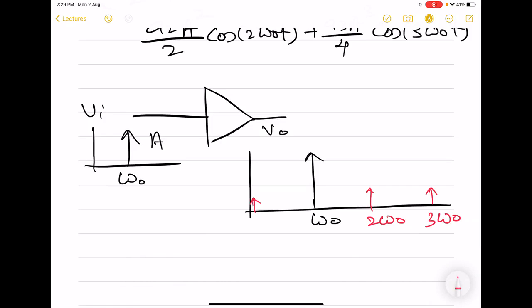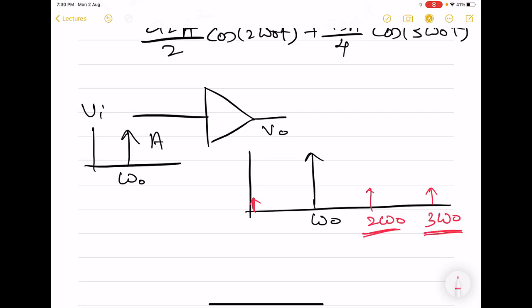And this DC component is not a very serious component, because it will simply give rise to a shift in the output along the y-axis, either in the positive direction or the negative direction, depending upon its sign. But these harmonics will combine with the fundamental and change the shape from a pure sinusoid. So they are going to be more serious.